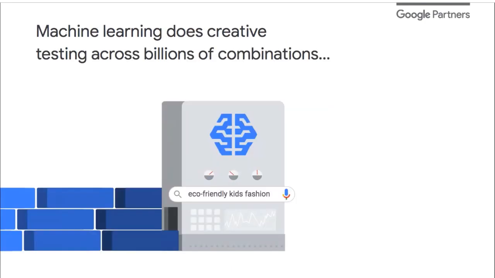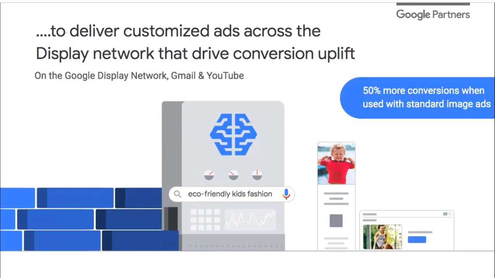So once the assets are put in to the campaign, our machine learning then tests the combination. It renders different combinations depending on the factors in each auction to serve the right message to the right user at the right time. And the result of that is to deliver customized ads across the display network that drive a higher conversion uplift. So the responsive display ad format delivers 50% more conversions than just using standard image ads alone.